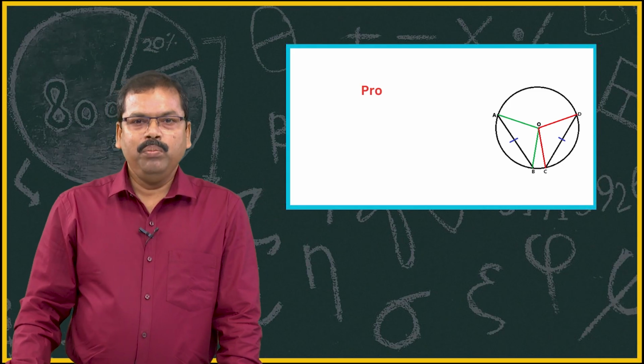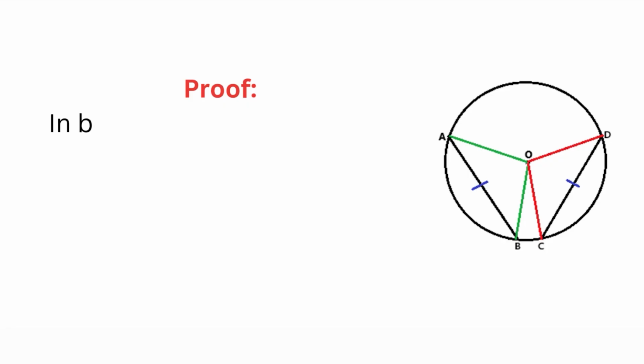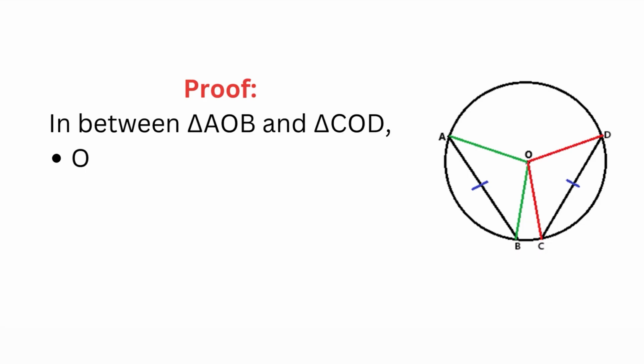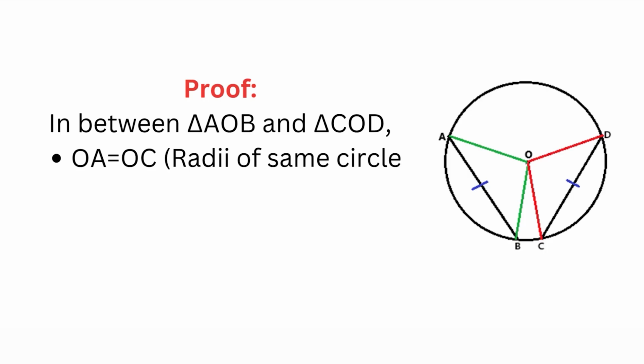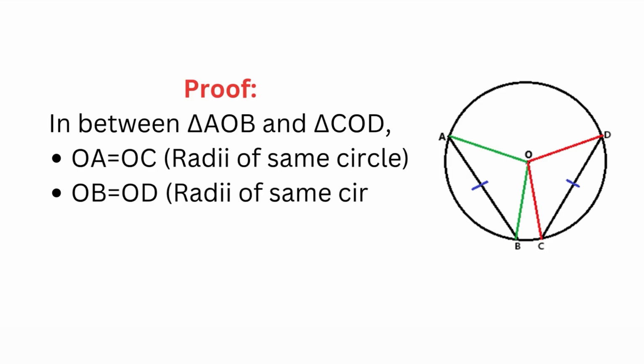Now you come to the proof part of the theorem. In triangle AOB and triangle COD, OA equal to OC, radii of the same circle. Again OB equal to OD, radii of the same circle, and it is given AB equal to CD.